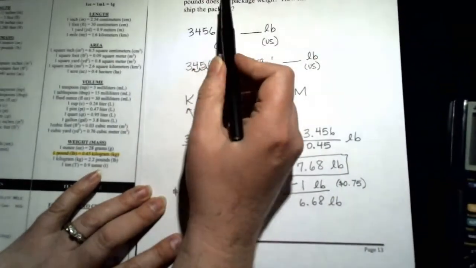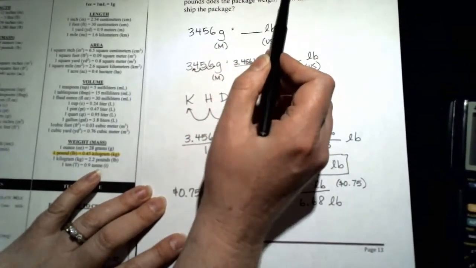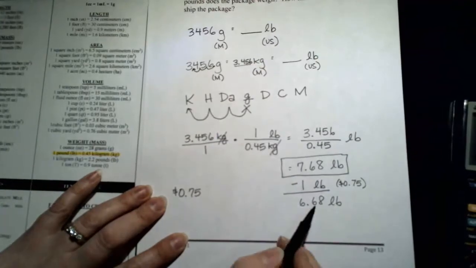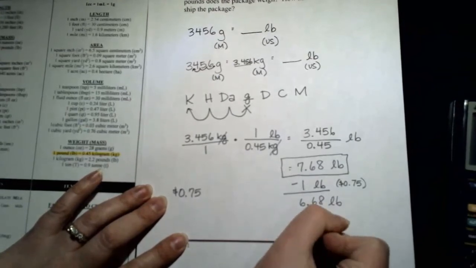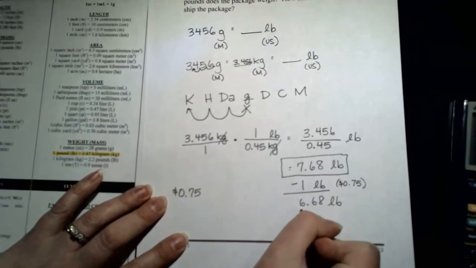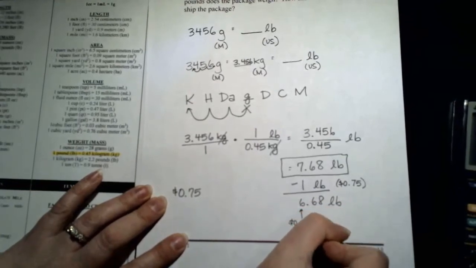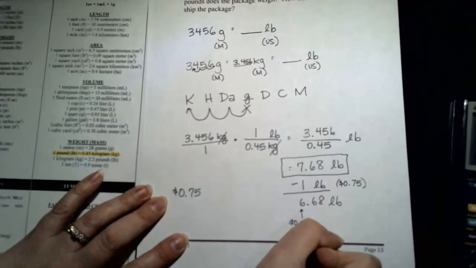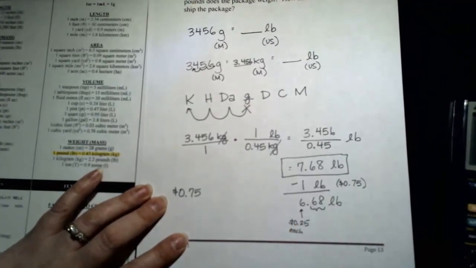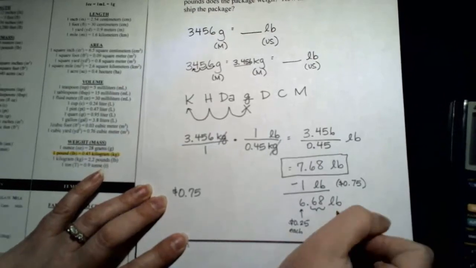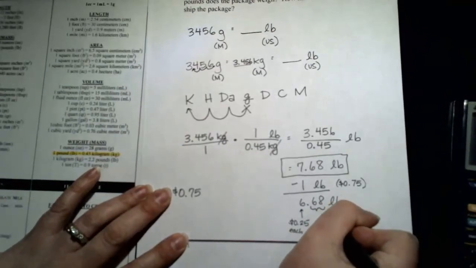Now, it costs 25 cents for every pound or part of a pound. So we have 6 full pounds plus part of a pound left over right here. So we have 7 things that we need to pay for. These are going to cost 25 cents each, and this partial pound, the 0.68, is also going to cost 25 cents.